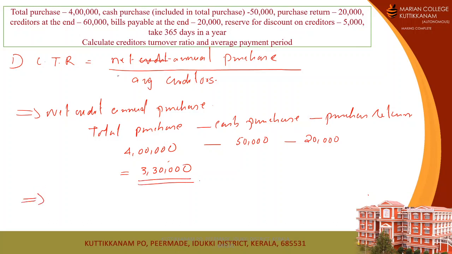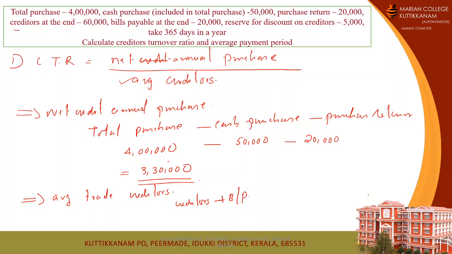And now we need to calculate this average trade creditors, right? And we know that the trade creditors includes both creditors as well as bills payable. And here there is no opening and closing balance of creditors.